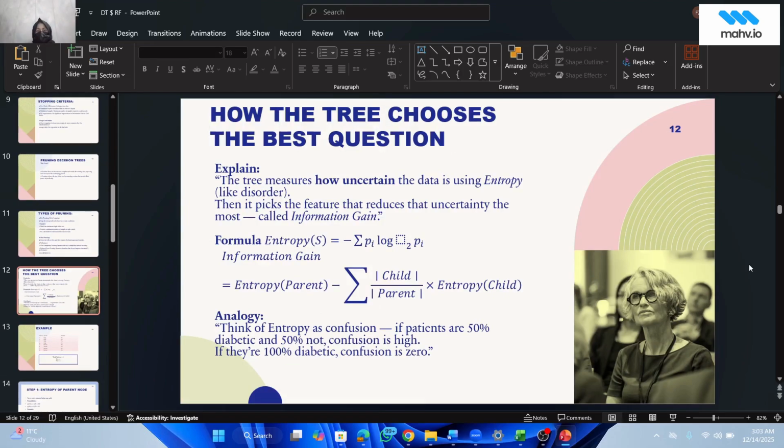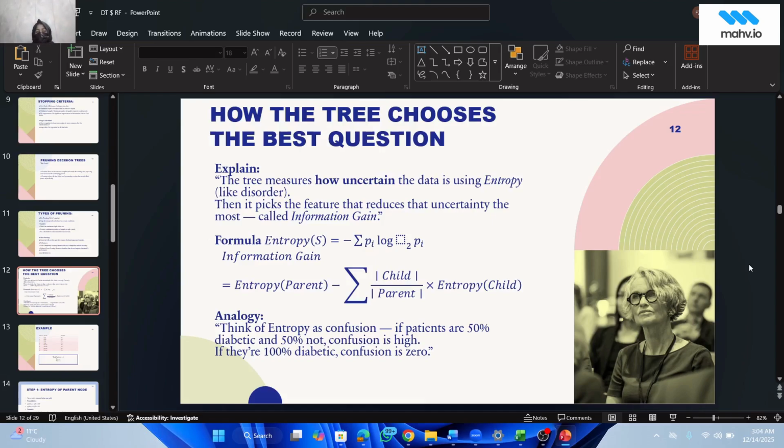After that, here is a concept, the formulas that we will apply: entropy and information gain. So what is entropy? Because now we want to choose our root node. The root node is a starting point, so the tree does not randomly choose any feature as a root node.